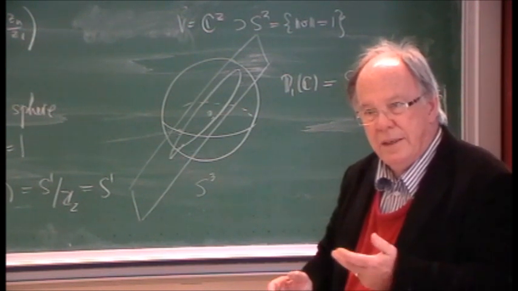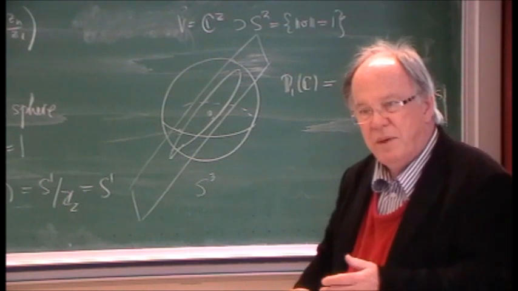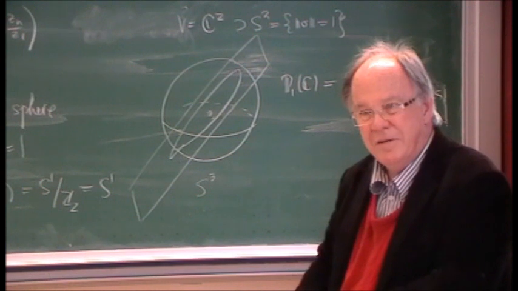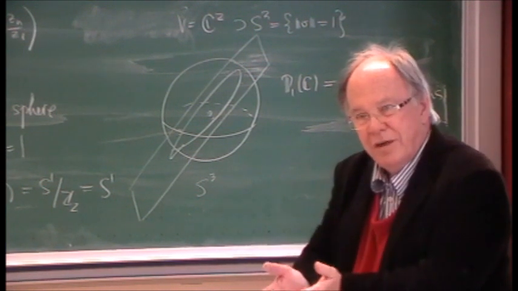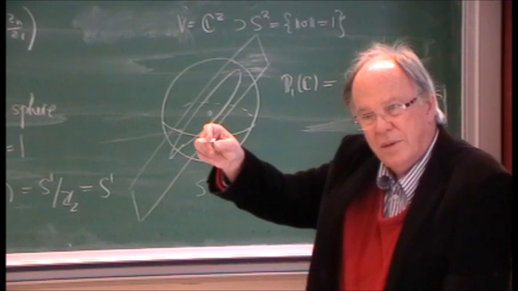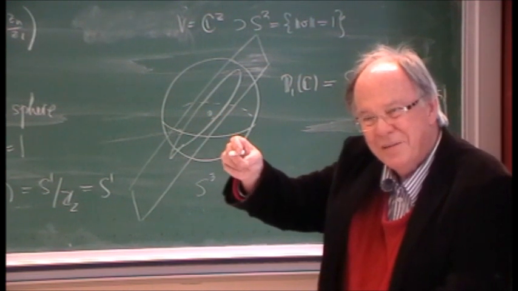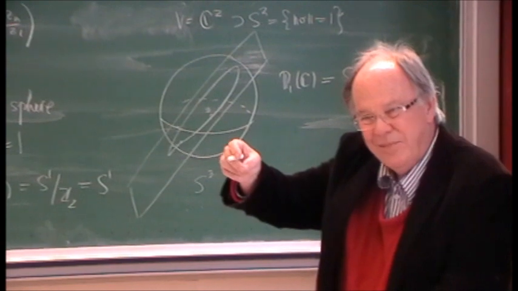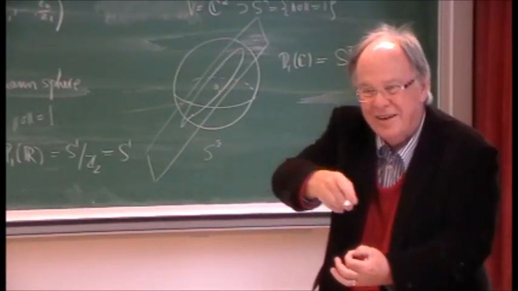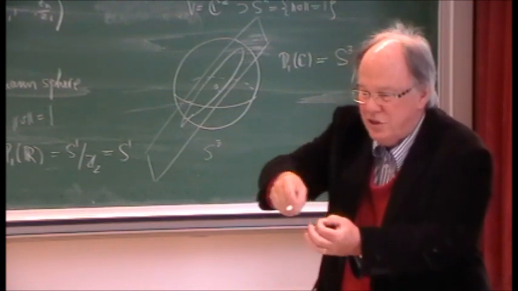Now, projective space is the set of all one-dimensional subspaces. You take a one-dimensional subspace, it doesn't intersect the unit sphere in 2 points because it's complex; it intersects in a circle, and that circle is just a rotation.